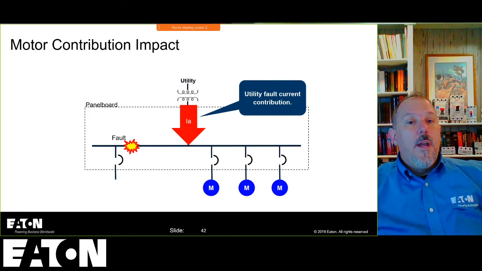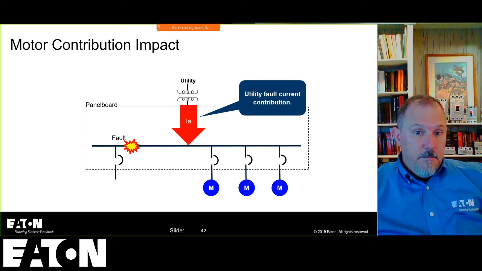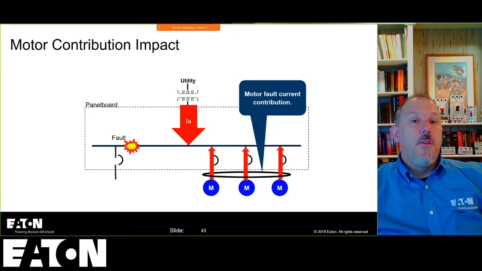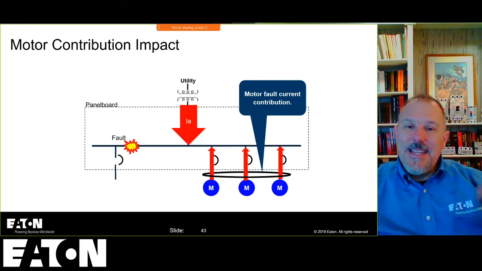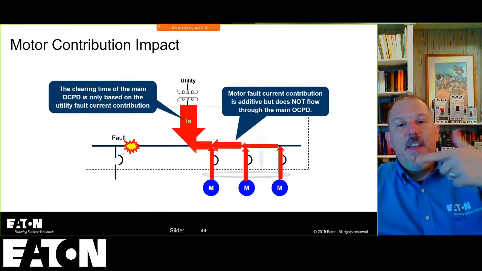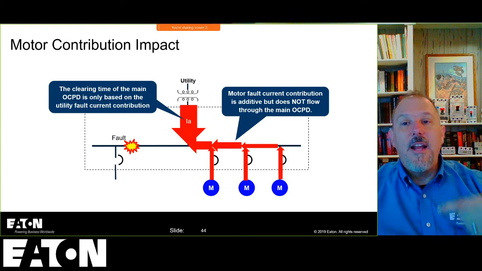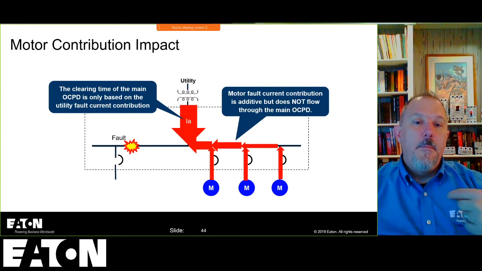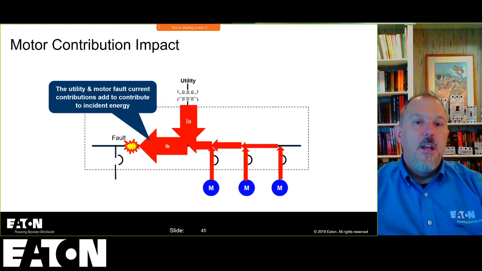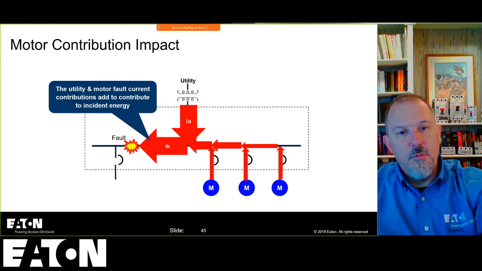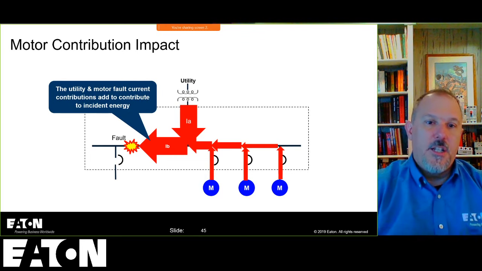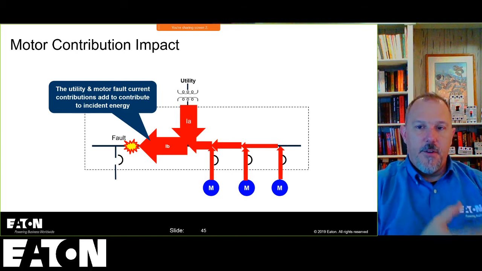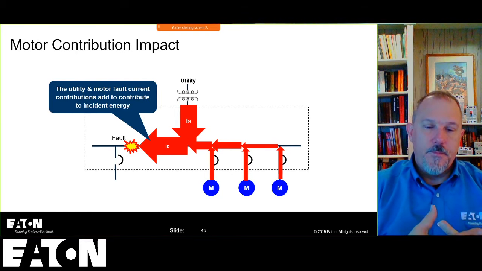Now, when I turn those motors on, I am going to have fault current contribution coming from each of those motors downstream. But the key thing to remember is that motor contribution does not flow through the main overcurrent protective device. Those currents, the motor contribution and the fault contribution from upstream, which could be the utility, add to contribute to delivering fault current to that system.